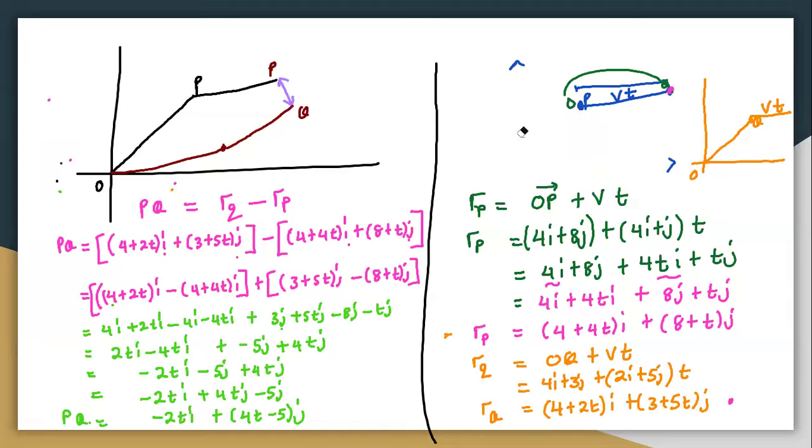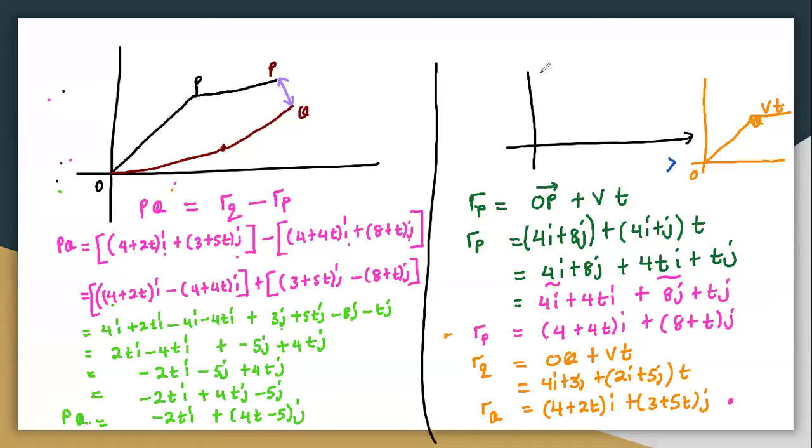What is happening is that we have our reference point as the origin. And they told us that this spot was positioned at 4i plus 8j. So this particle already was somewhere. This is where P was at first. This was the initial position, and this is what we called our OP.